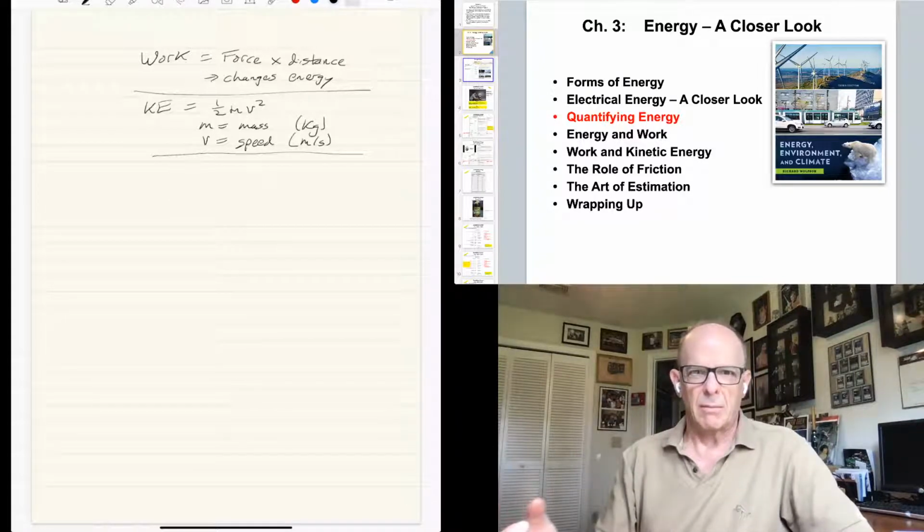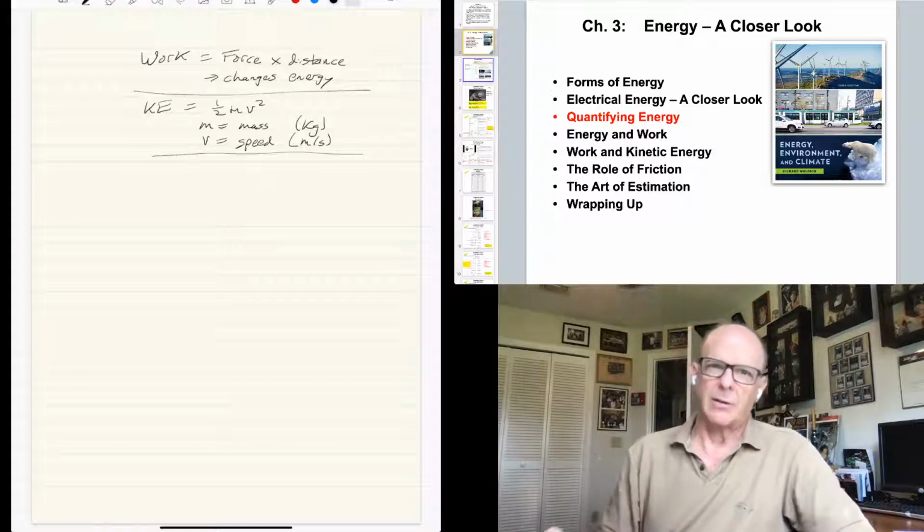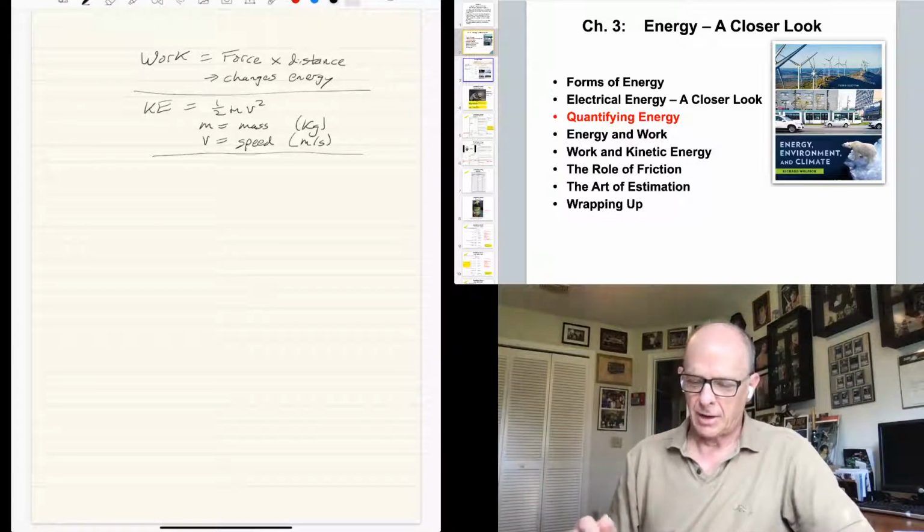We're not going to be doing lots and lots of calculations of different types of energy, but it's just to illustrate that there are different types of energy and they are calculated different ways.